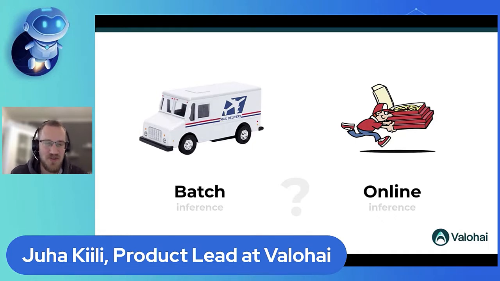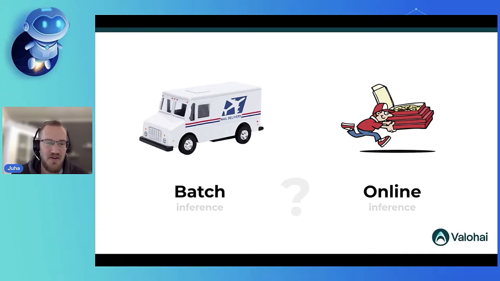So just to get the terminology clear, batch is where your model is delivering value in a batch, like let's say once per day, just like this mail delivery truck here. It's predictable. It delivers value once per day.